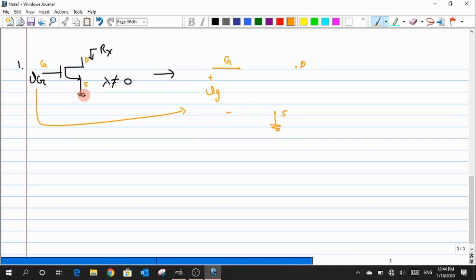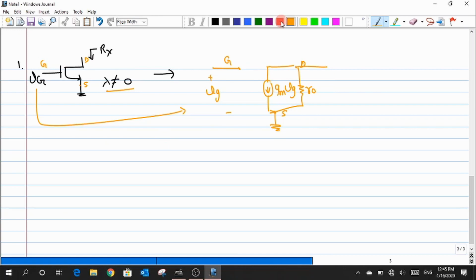This source is already connected to the ground, so I mark that with the ground, and based on this Vg polarity I draw a current source that flows from drain to source, whose value is gm times Vg. Apart from this, since lambda is not equal to 0, it leads to some resistance here whose value is r0, and this is the small signal model that I have for the given circuit.